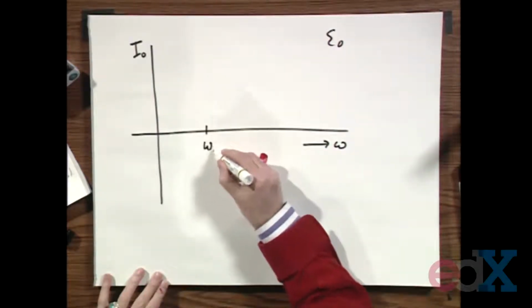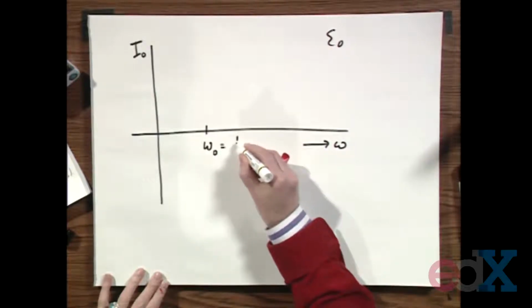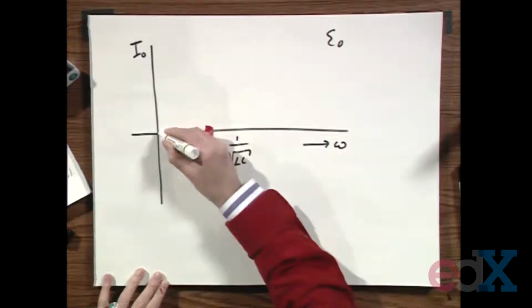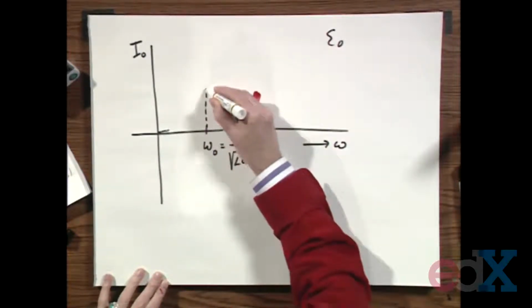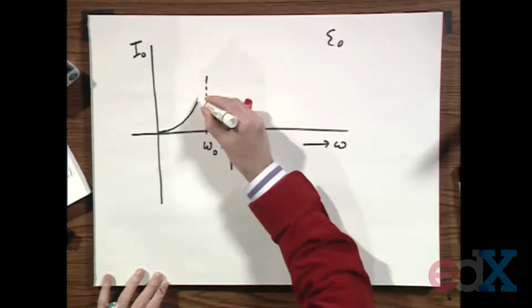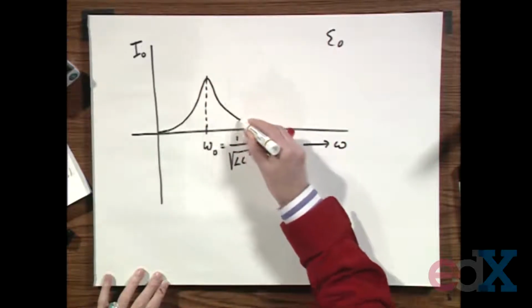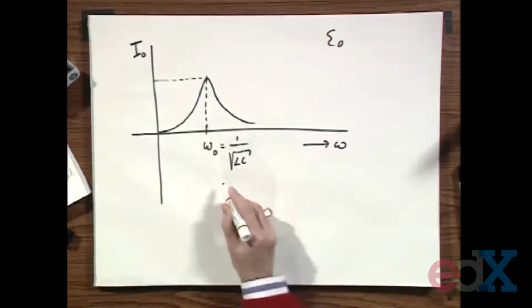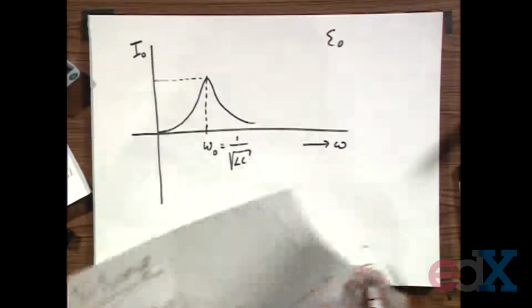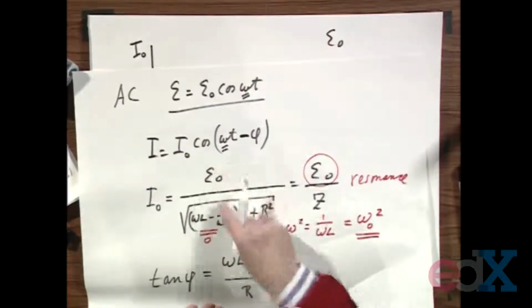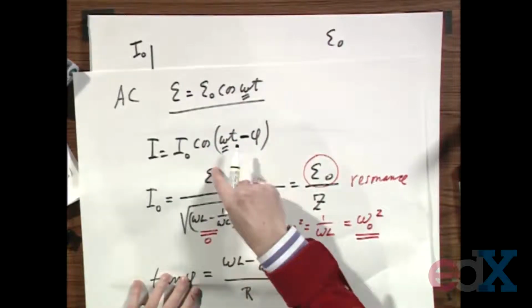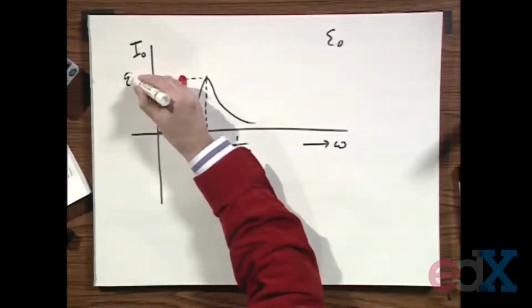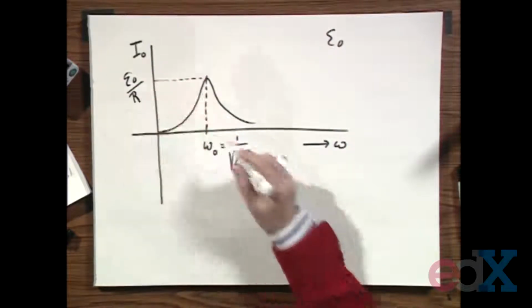At the value of omega which is 1 over the square root of LC, there's no R in here, I reach a maximum, and this maximum, as follows immediately from our solution, this is 0, is simply E0 divided by R. So this value is E0 divided by R.